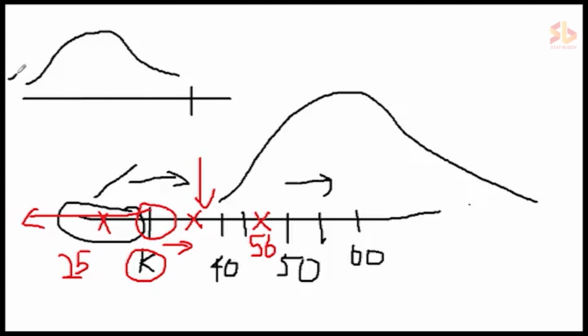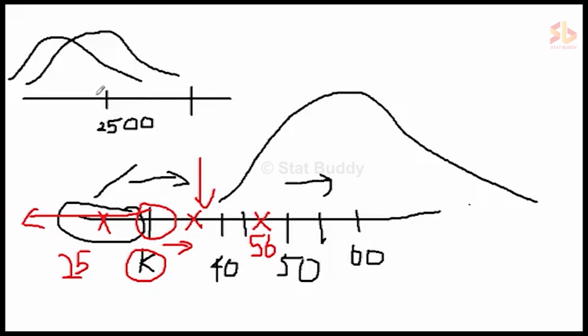So by moving to this, suppose, example 2, our null is less than or equal to 2500.